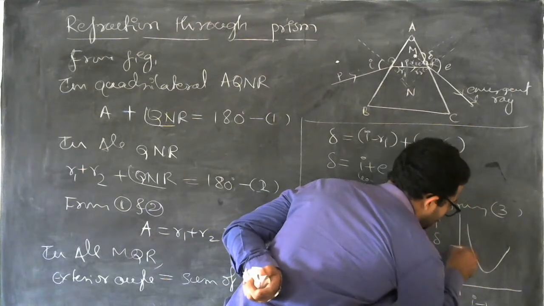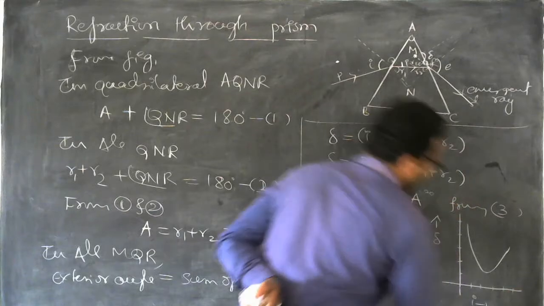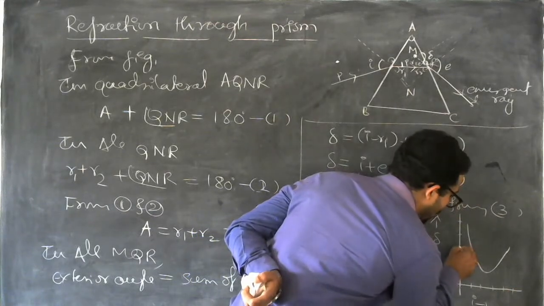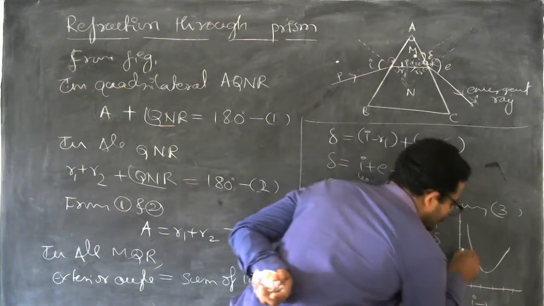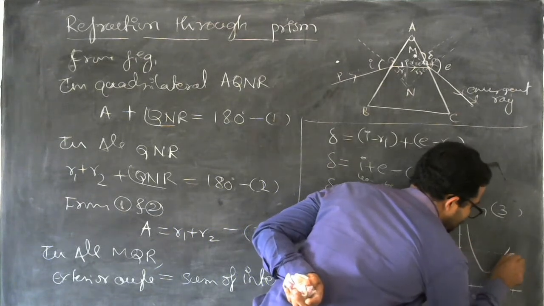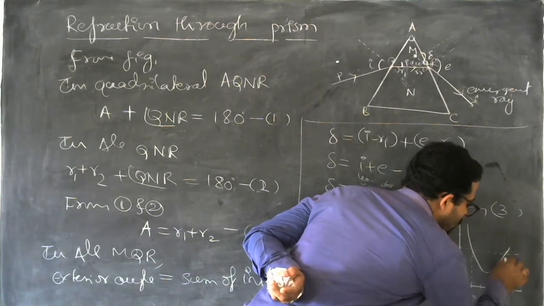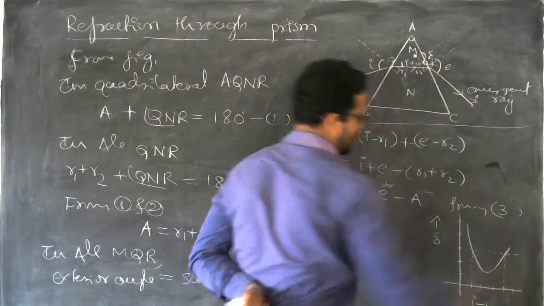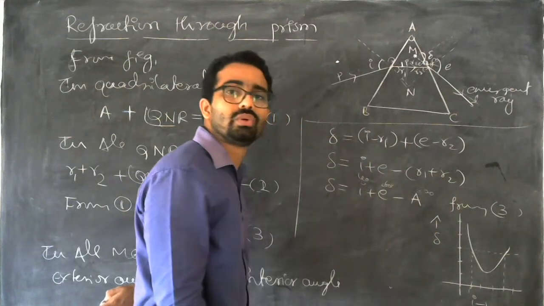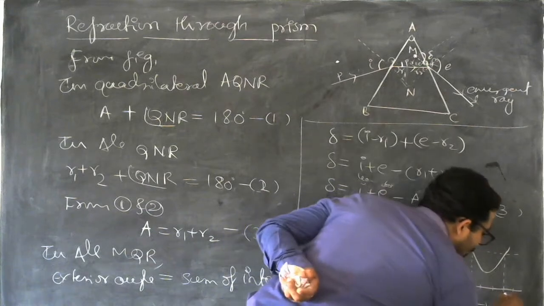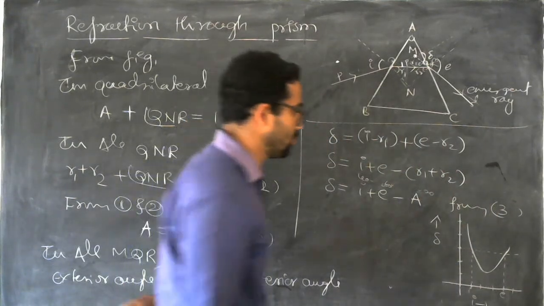You can see different values. And if I take any one value of delta, angle of deviation, and if I draw like this, then we will get two values over this axis. One value corresponds to I, another value corresponds to E. E means it is the angle of emergence.